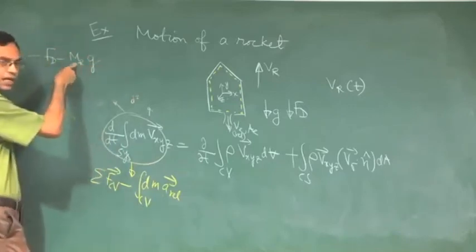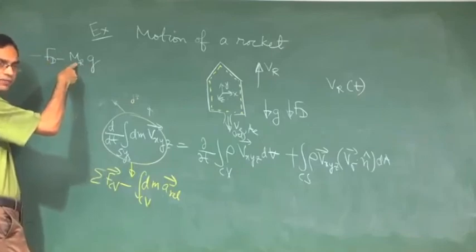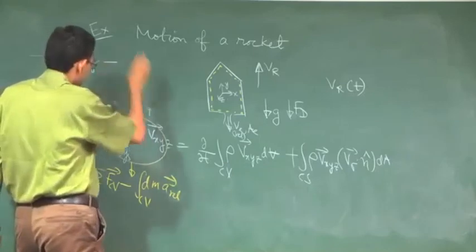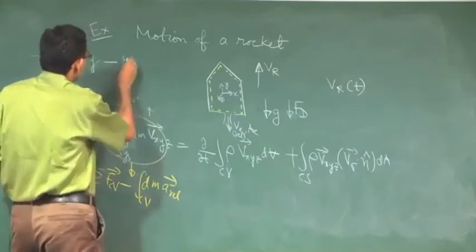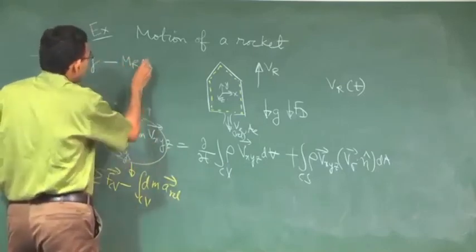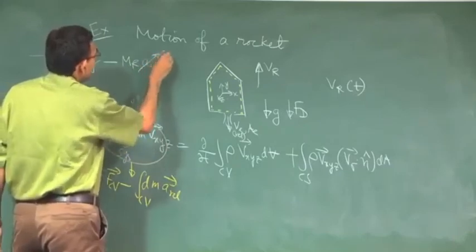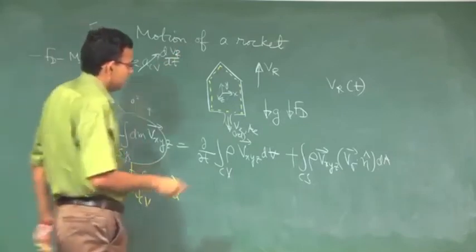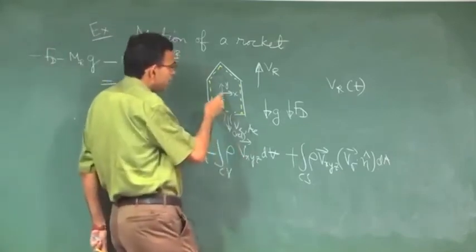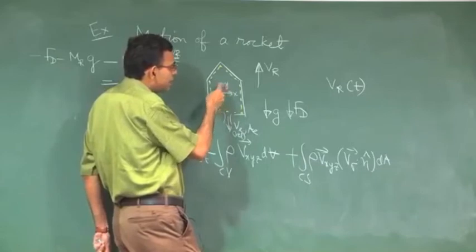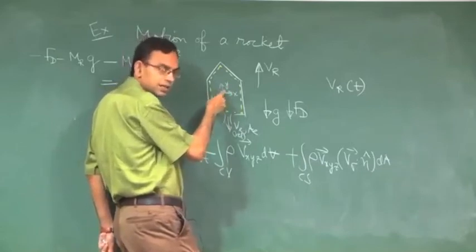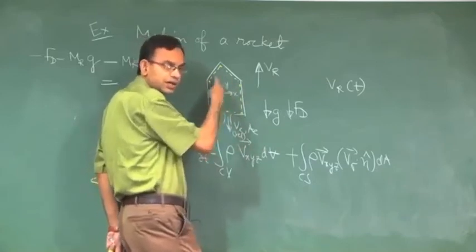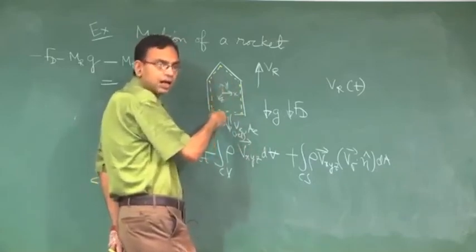This is instantaneous because the mass within the rocket is itself changing with time, minus the acceleration of the control volume, which is dVr dt, because you are measuring the velocity relative to small xyz. The relative velocity with respect to that is 0 inside the rocket except at the outflow boundary.